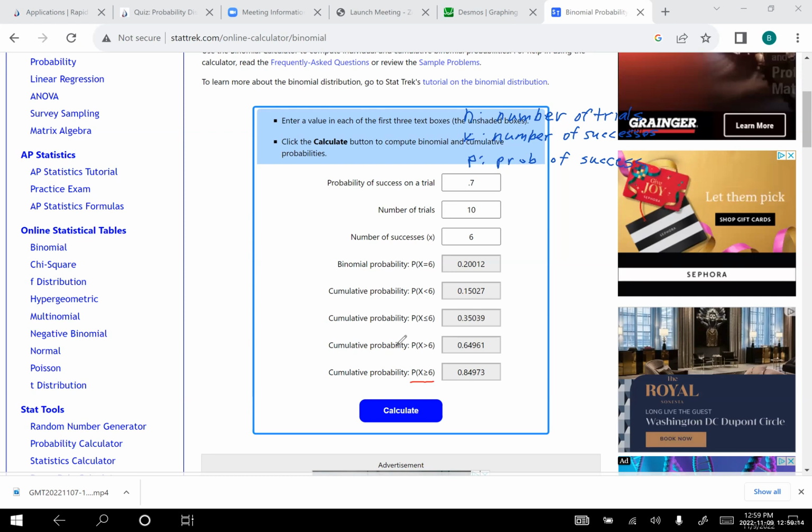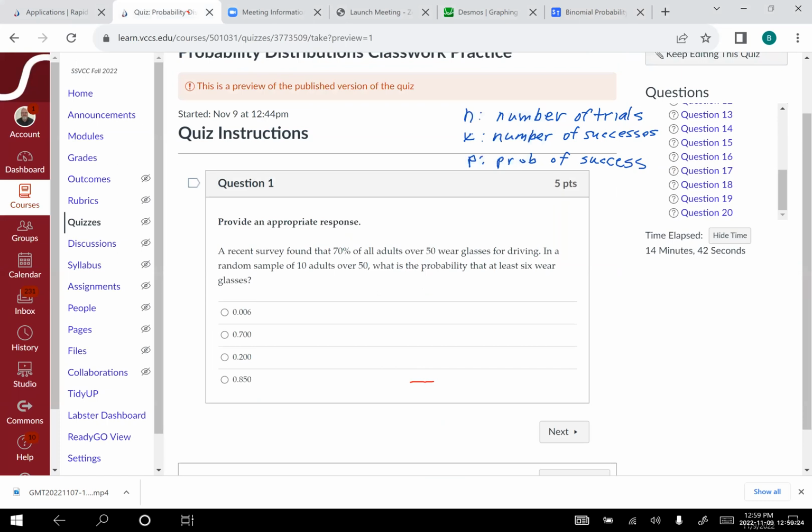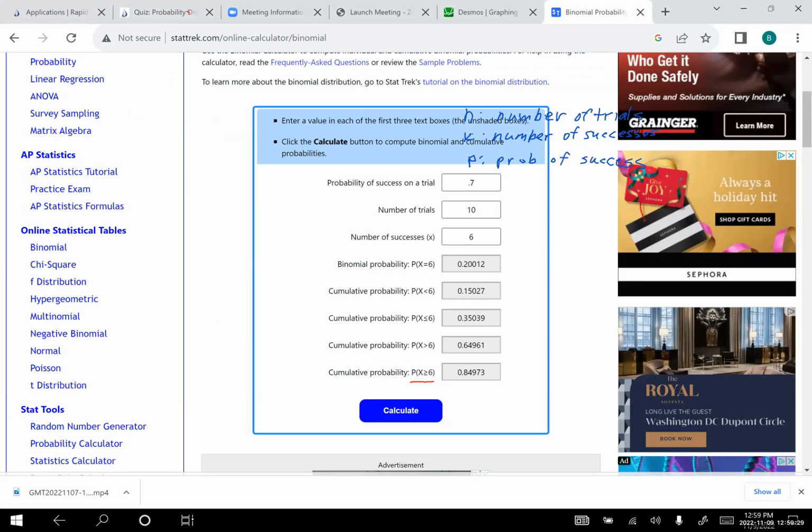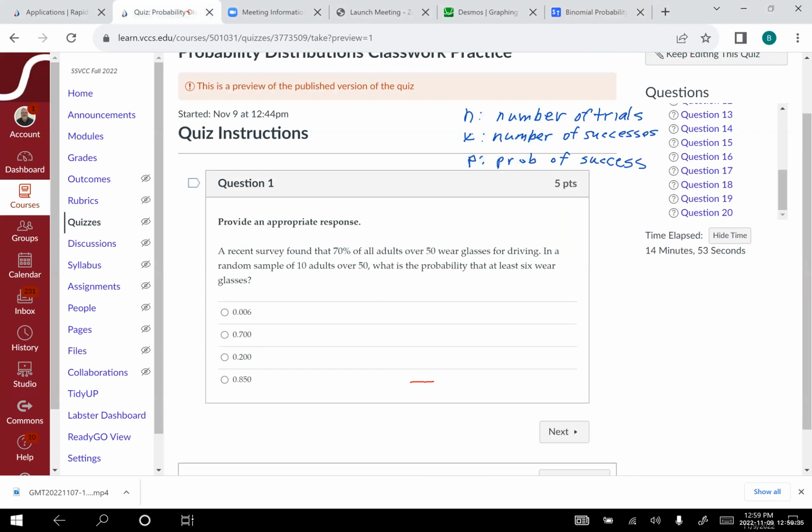So it's X greater than or equal to 6. How do they word that? See, I forgot already. 6 or more? At least is what they used. So that means at least 6. So 0.8497. That should be the answer. Rounded.